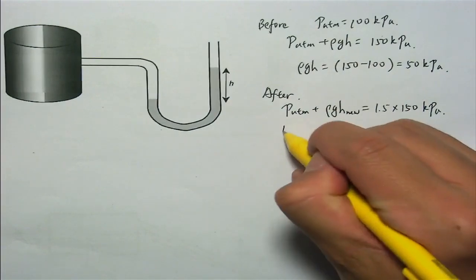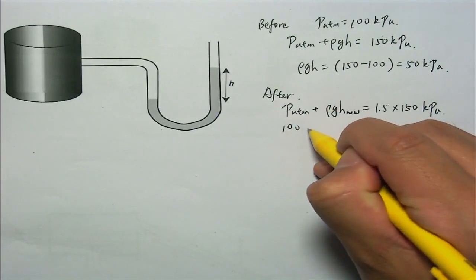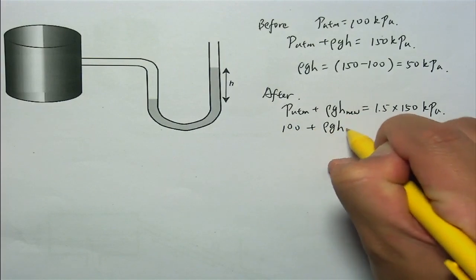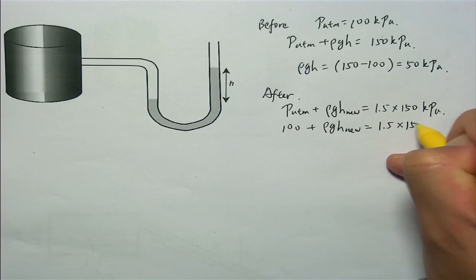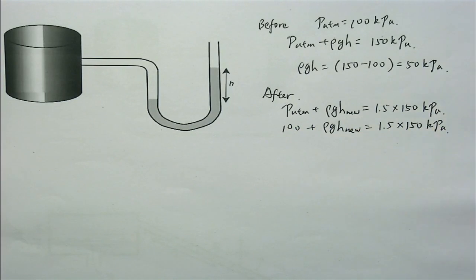So we can get rho GH new is equal to 1.5 kPa. So you've got equation 1, equation 2, equation 3.